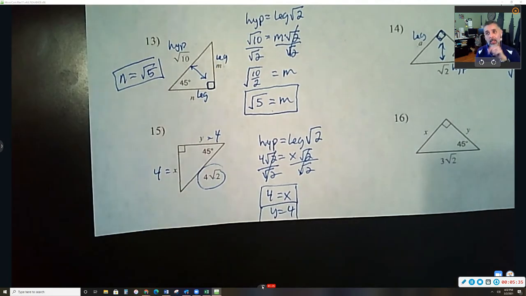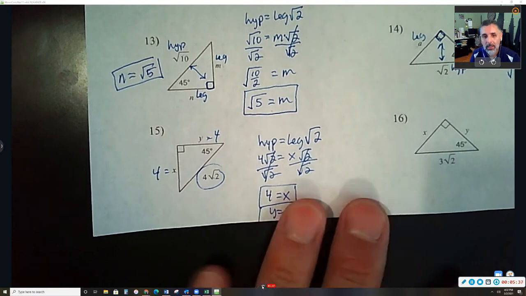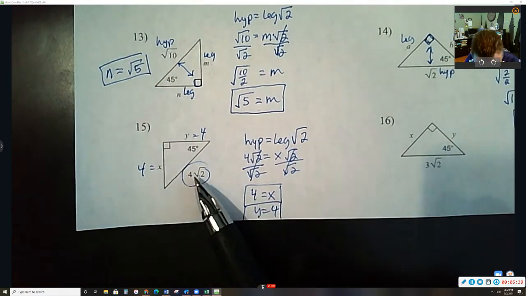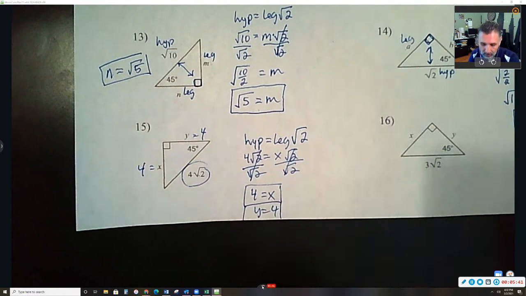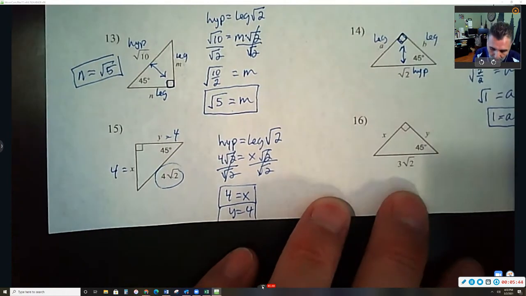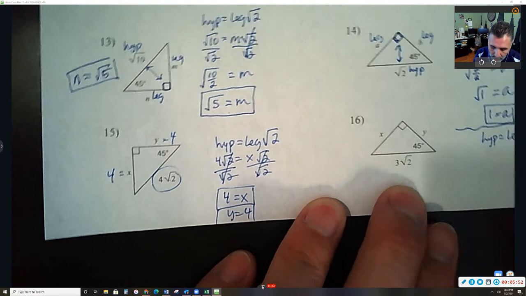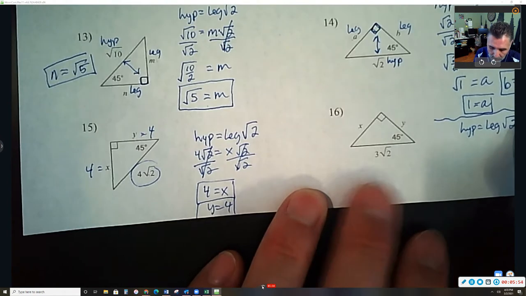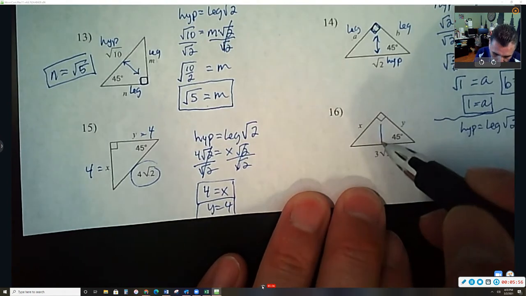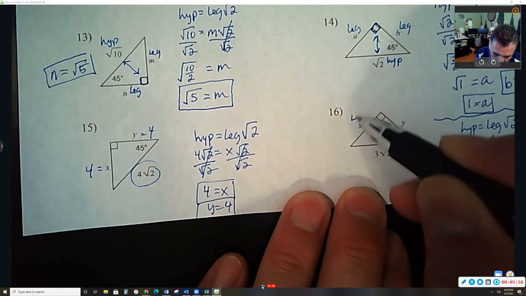With that being said, whenever you have the hypotenuse, well, maybe you guys don't see it just yet. But anyway, you should always start with the equation. Okay, hypotenuse equals leg times the square root of 2. This one down here is the hypotenuse, and these are legs.